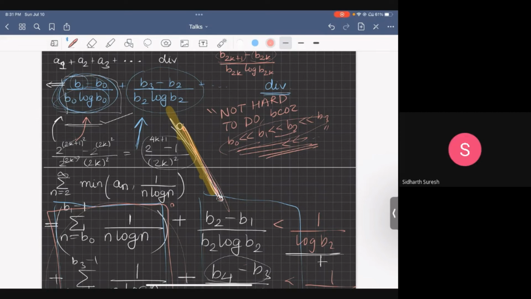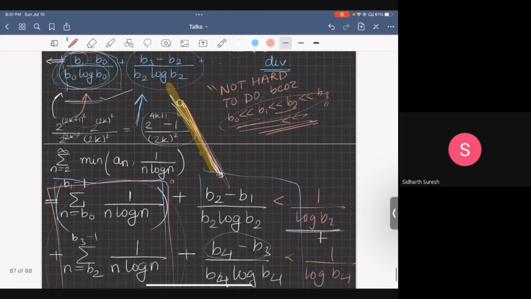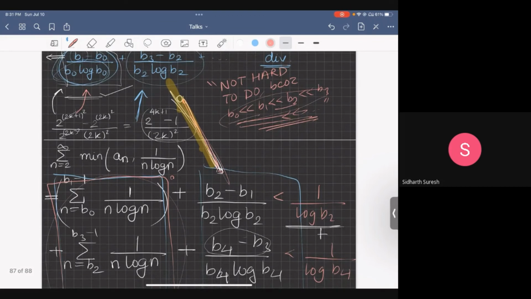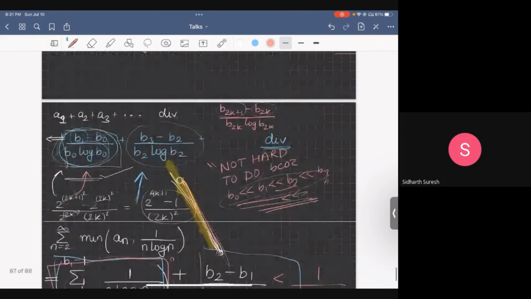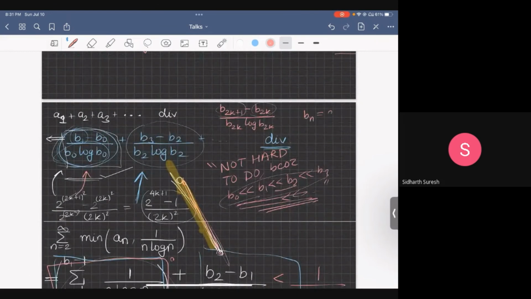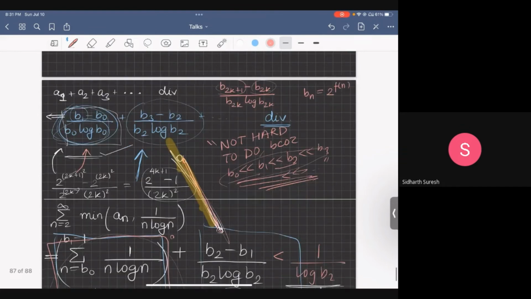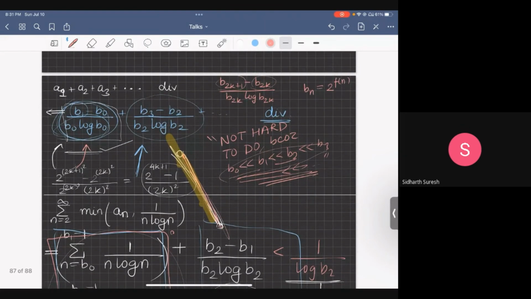If we take bn as 2 raised to f of n, then we need f of n plus 1 by f of n to be like 1 plus 1 by n raised to something greater than 1. That 1 plus something has to converge, whatever that something is.